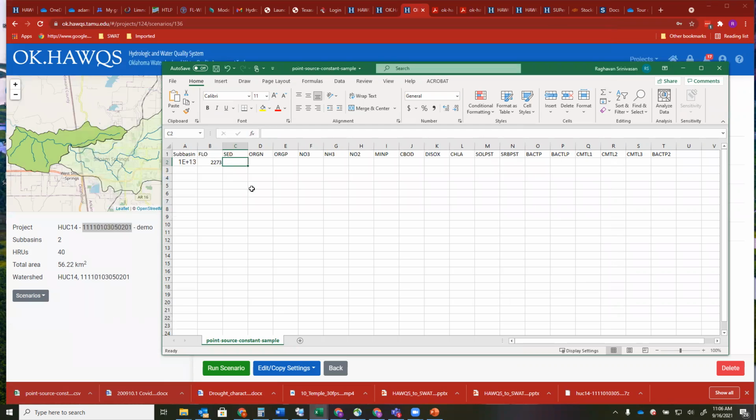Okay. And if there is sediment, you can also add that sediment. Let's say it produces about, I don't know, 5 tons per day. I don't have the actual value, I'm just making it up at this point. But hopefully you'll have that information and will be able to incorporate it. Same thing for organic nitrogen and organic phosphorus. Let's say you are adding about 10 kilograms per day, and 2 kilograms of organic phosphorus, and maybe 50 in nitrate.